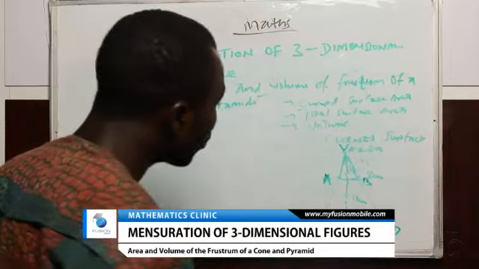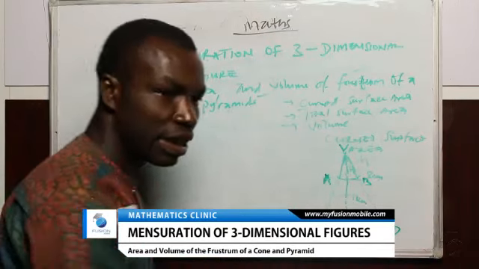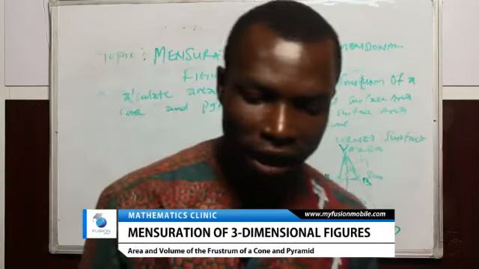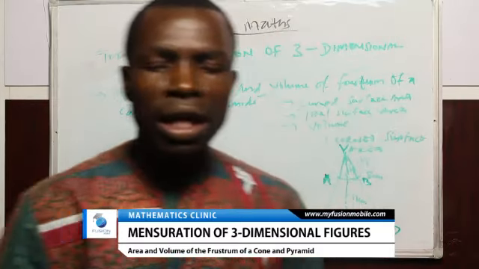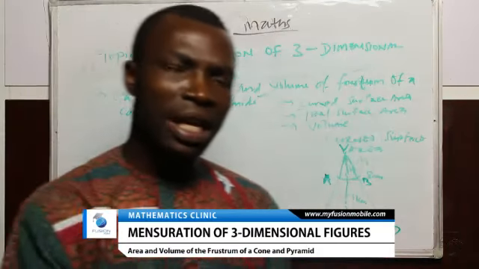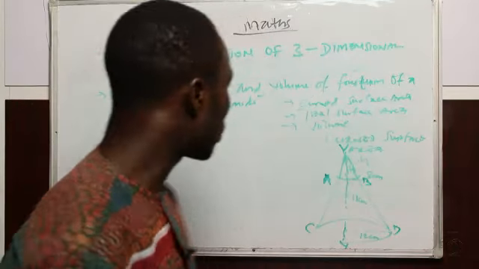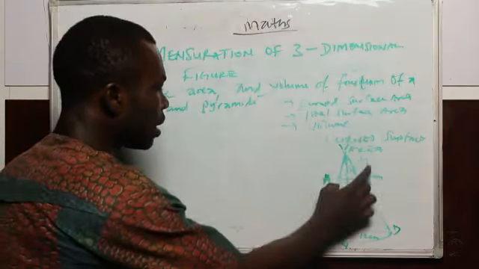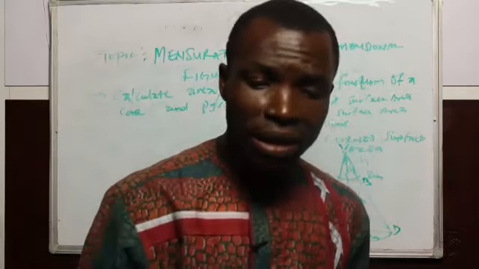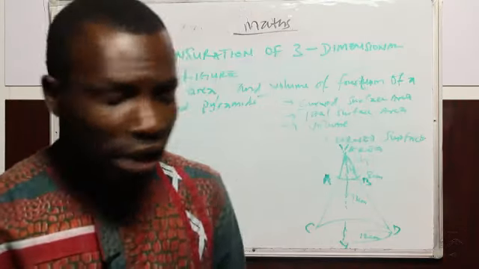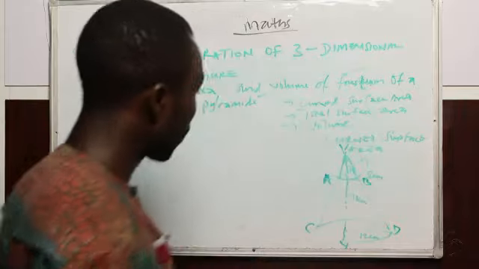Now, how do we find our H? Let us use our knowledge of similarity. That is the smaller cone Phi AB. Let's consider Phi AB. This is a cone, and compare with the bigger cone, which is what? Phi CD. Good.